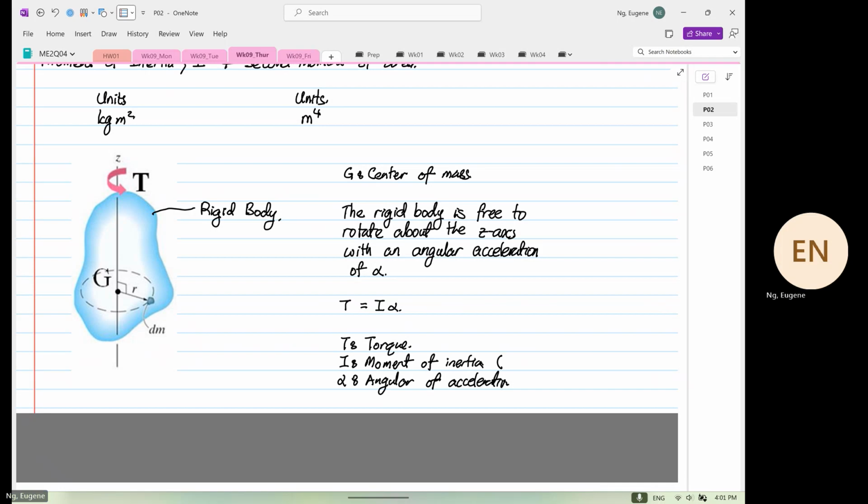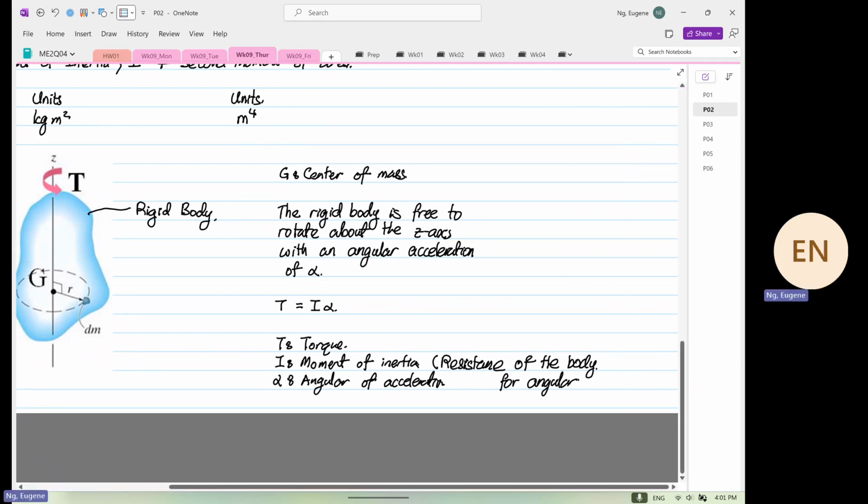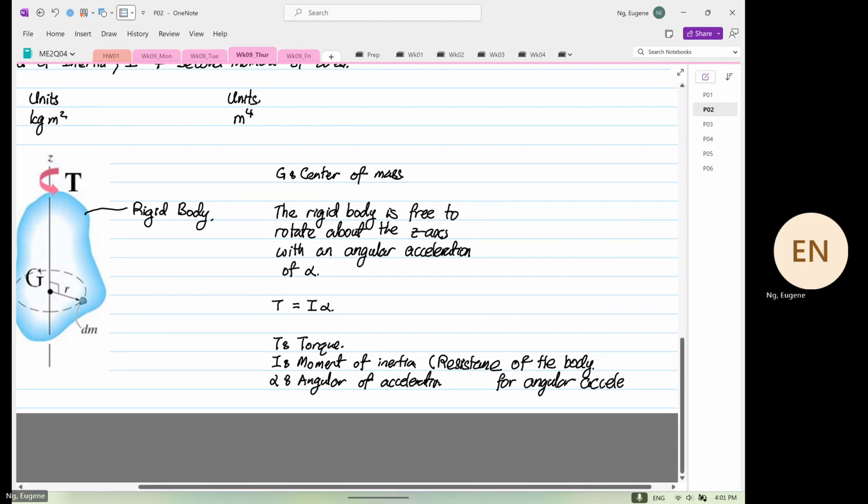It is the resistance of the body to angular acceleration. And the units of I can be kilogram meter squared.